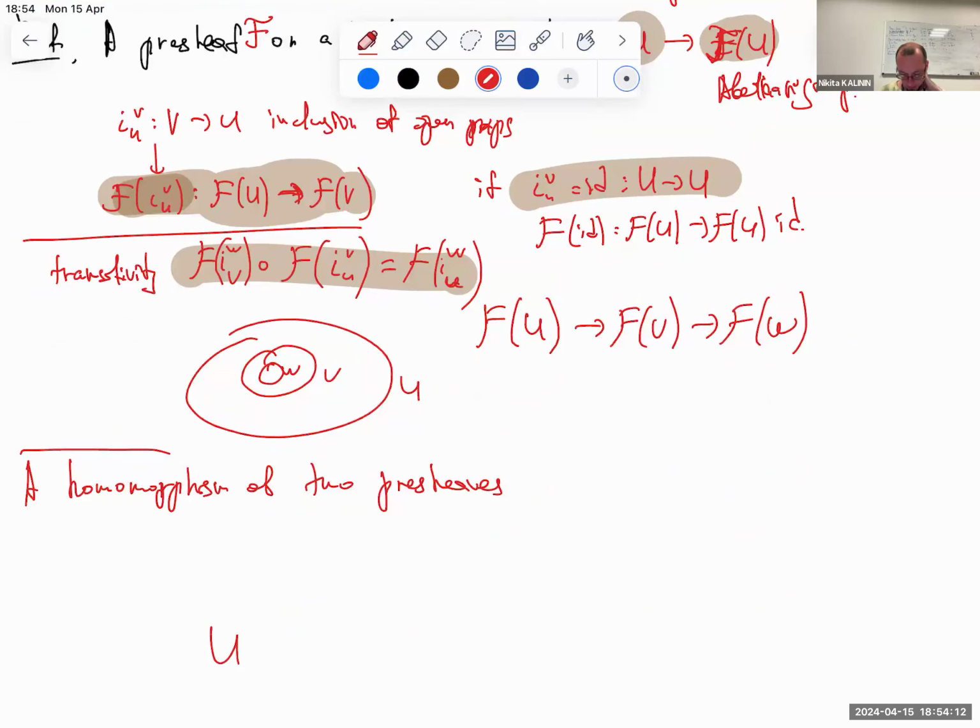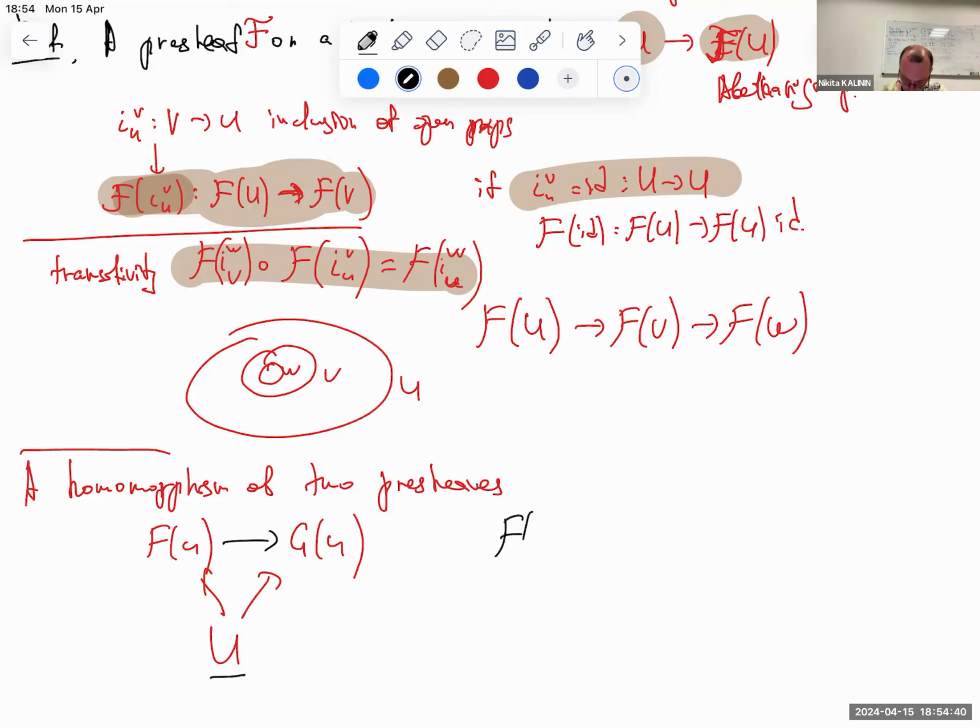For every U, you associate first F of U, but also G of U. If you have a homomorphism between two presheaves, for any open set U there should be a map from F of U to G of U which commutes with restriction.